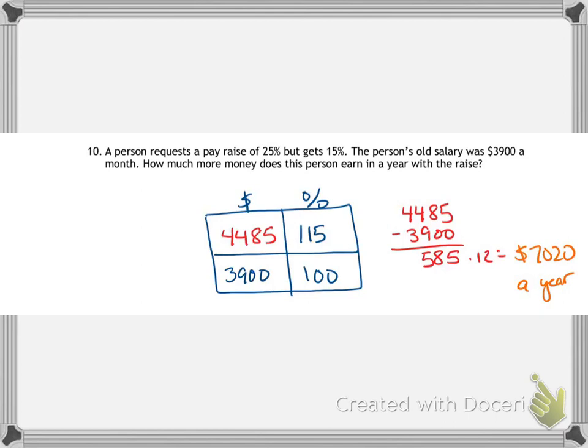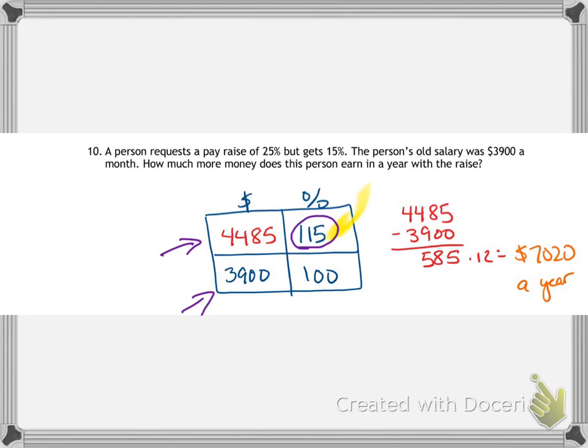Okay, so this person earned a 15% raise, which is 115 because I'm adding the raise to it. Raise means increase. And then 3,900 goes here because that's how much the person was originally earning per month. 3,900 times 115 divided by 100 produces a new salary of $4,485 per month.